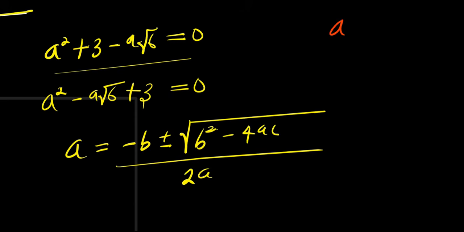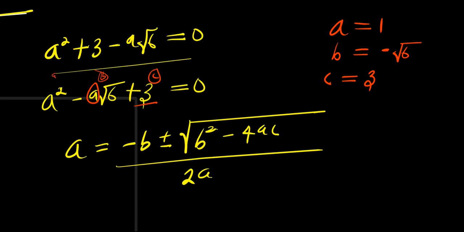From here we have a equals 1, which is the coefficient of a squared, and b equals negative root 6, which is the coefficient of a here, and c equals 3, which is the constant here. This is my c, this is my b, and this is my a.